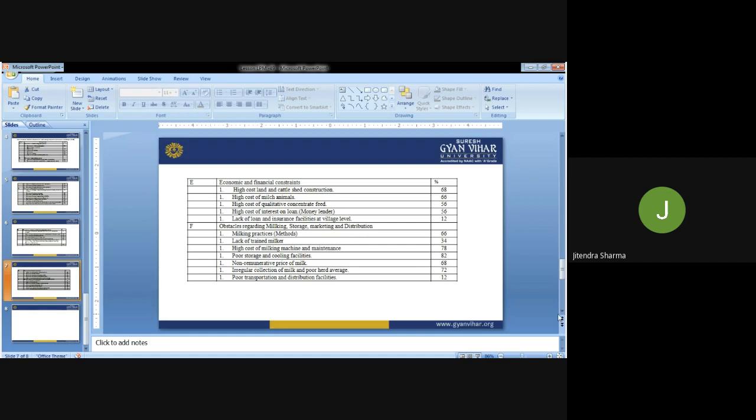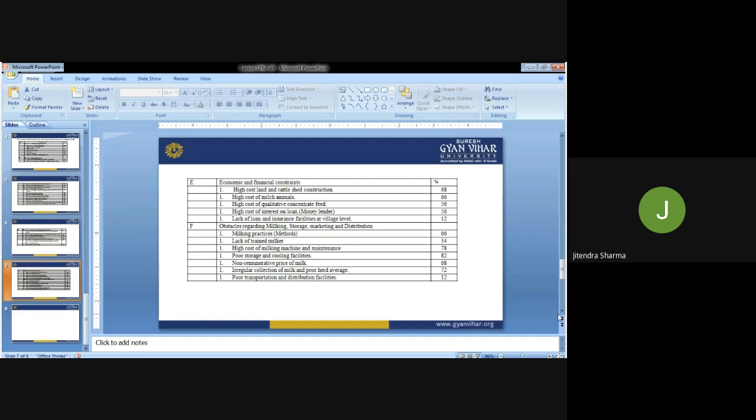And machine milking is a little bit costlier for them. So they are bound to follow this kind of activity, and even sometimes they know this, but they are not able to do anything about it. Then the lack of trained milkers, 34% have registered this.